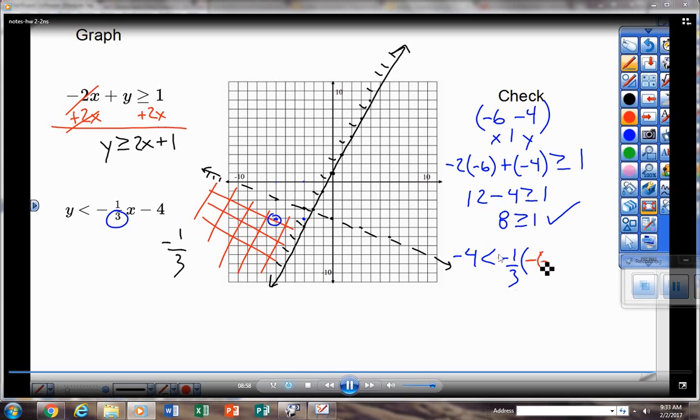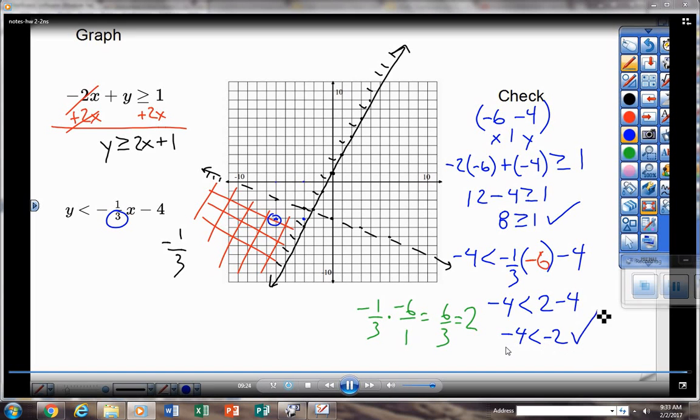That's going to give me negative 6 over 3, which turns into just plain old positive 2. So negative 1/3 times negative 6 over 1, straight across gives me positive 6 over 3, which is 2. So this gives me negative 4, where this used to be, I have a plain old 2 now, minus 4. Gives me negative 4 less than negative 2. That is also a true statement.